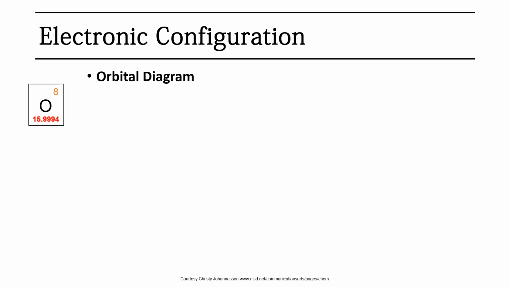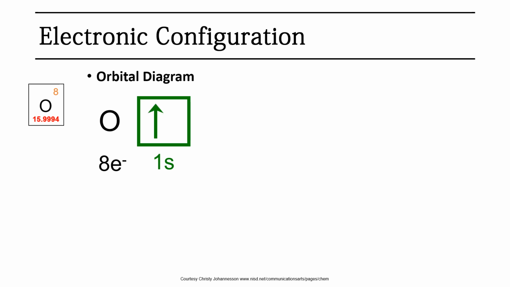That means there are 8 electrons in the ground state. How do these 8 electrons fill? First, the 1s orbital fills with two electrons. The next energy level is 2s, so the principal energy level is 2, the azimuthal quantum number is 0, and there is only one magnetic energy level, 0. The spin levels are plus half and minus half.